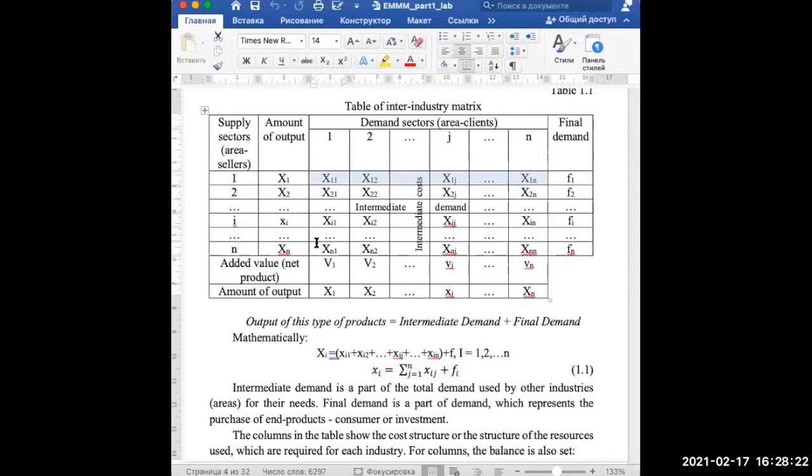So when we talk about the rows in this table, we talk about the structure of demand for some product: demand from sectors, from other branches, and from final consumers.